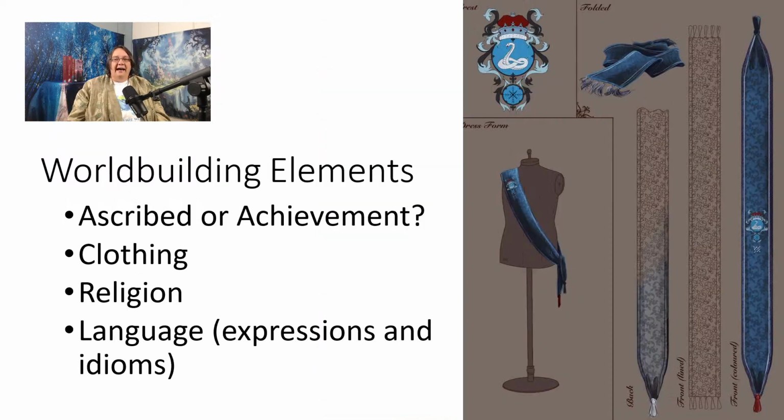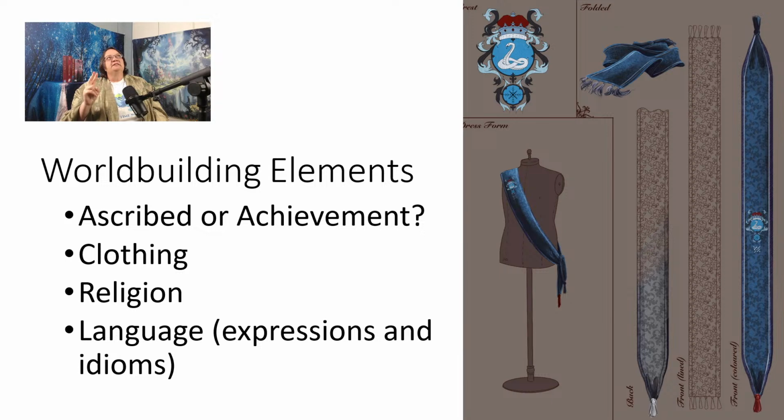So let's take a look at some examples and how you actually do this. Starting with the actual worldbuilding elements that go into this, you have to decide whether you're going to go with an ascribed based situation, so are people born into their role, or whether it's an achievement based hierarchy? Do people achieve a certain class structure?